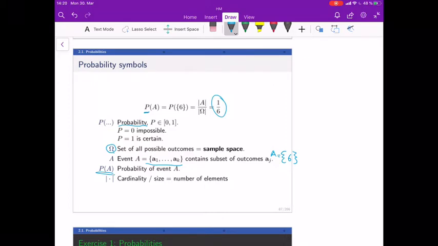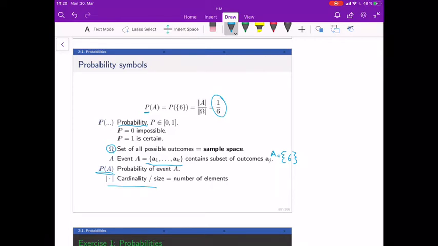Here the cardinality, those vertical lines, means the number of elements, how many elements are in our set. These are just the basics to get us warmed up.